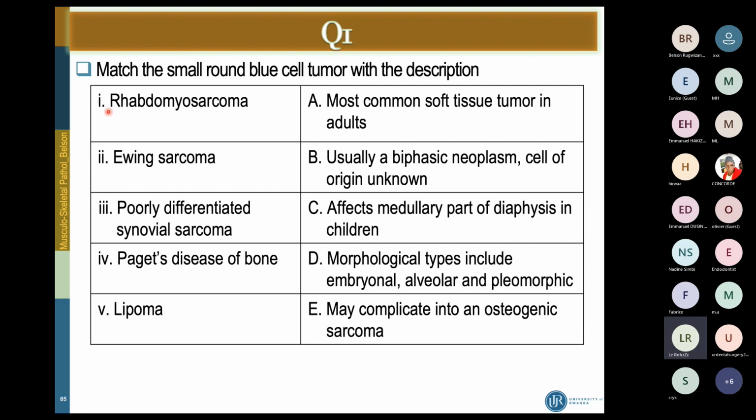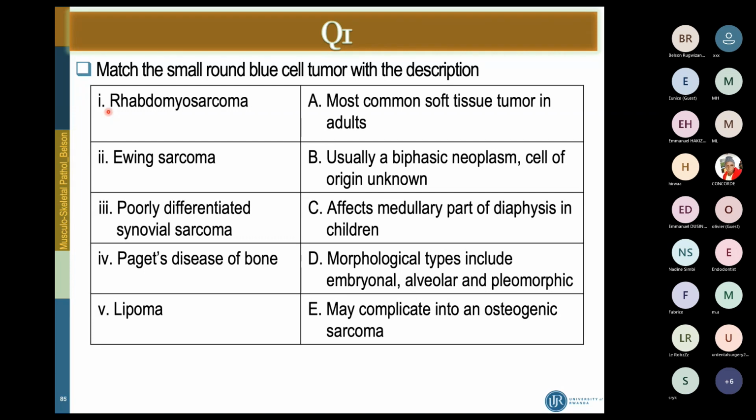Lecturer, you said that on the rhabdomyosarcoma, when they are analyzing them, the cells look like alveolar, and for the embryonal and also for the pleomorphic, you said that they are undifferentiated.